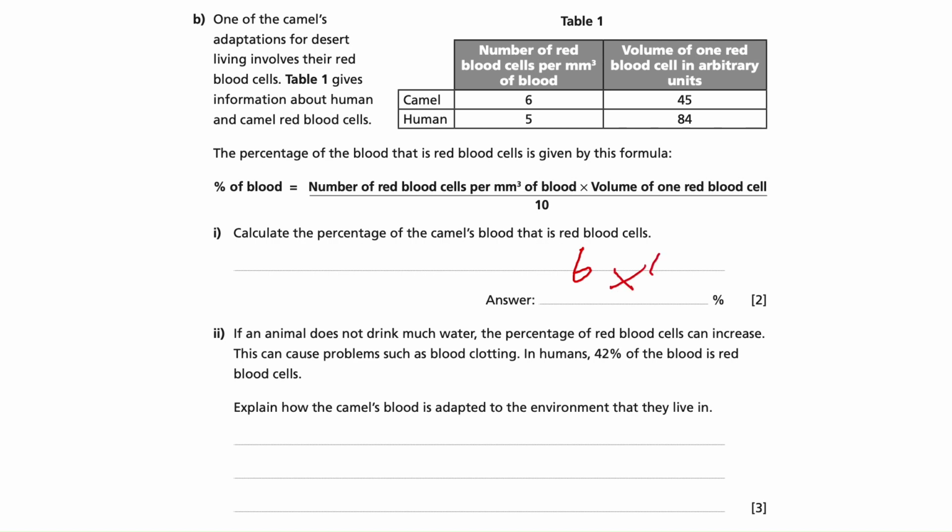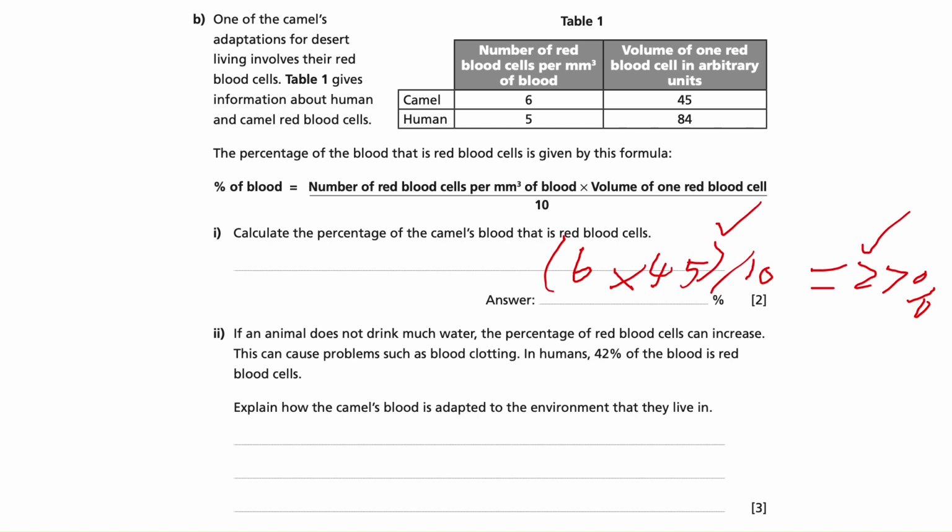That's 6 times 45. And then we divide that by 10, as we can see from the formula. That then gives us an answer of 27%. So a fairly straightforward calculation. You score 1 mark for the working and 1 mark for the answer.